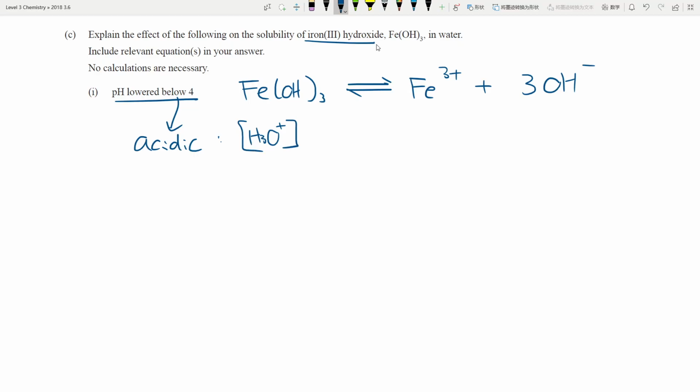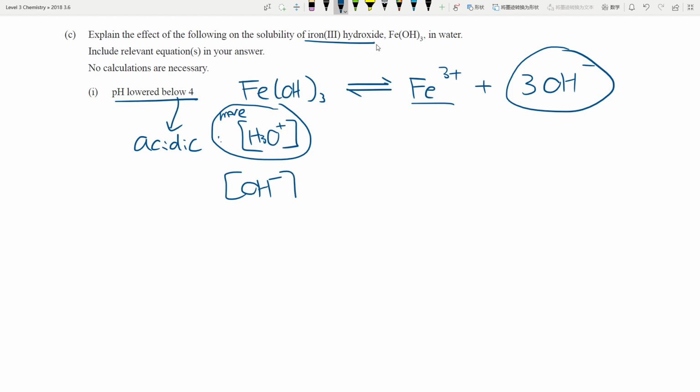The H3O plus doesn't do anything with Fe3 plus, but the extra H3O plus can neutralize the OH minus. So the OH minus concentration from the system will decrease due to neutralization.